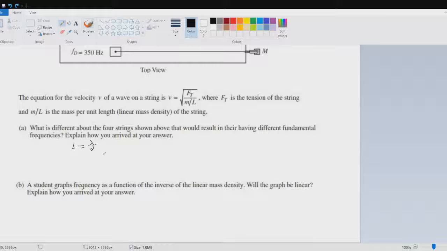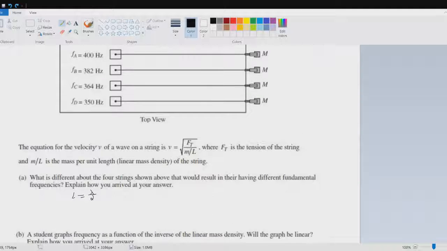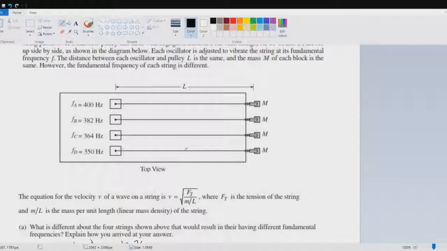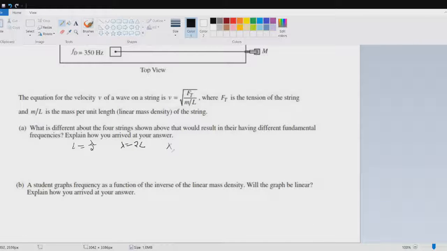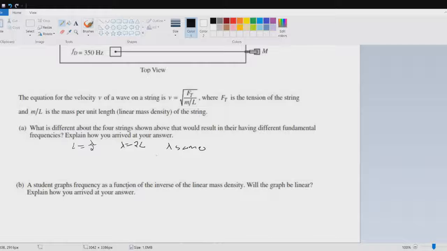And so the first question asks, why are the fundamental frequencies of all these different? So we know by the first harmonic that length equals wavelength divided by 2. So that means that wavelength equals 2L. And since L is the same for all of the strings, we know that wavelength is the same for all the strings.